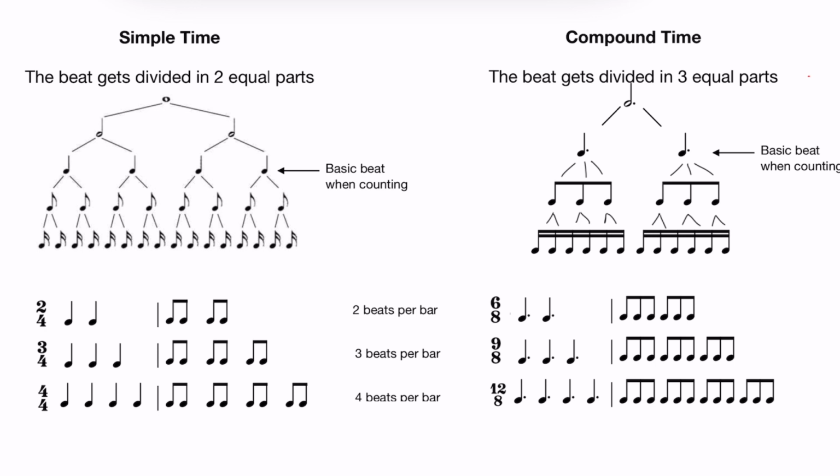And we know that normally a dotted quarter note is a quarter note plus an eighth note, so that really is 3 eighth notes. So in compound time, our basic beat is actually a dotted quarter note that then gets divided into 3 eighth notes. Those eighth notes can also be subdivided into 16th notes like that.